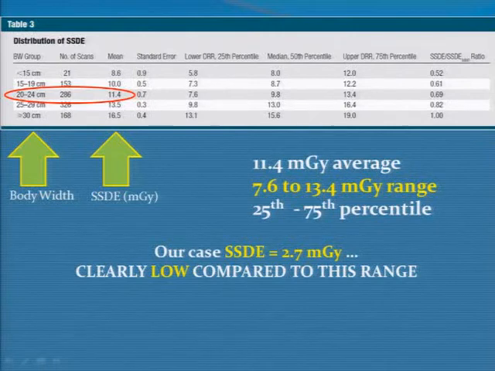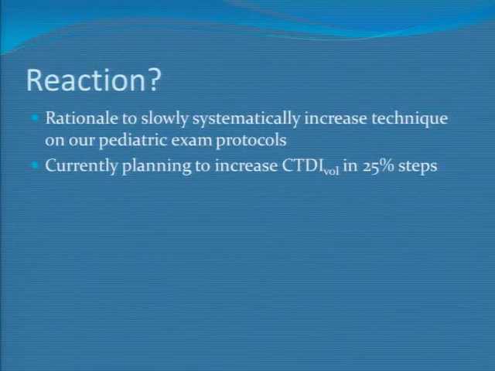It also reflects the comfort level of a previous pediatric radiologist who was very comfortable reading through noise. Our newer, younger radiologists are not that comfortable with this amount of noise, and so we're using this published data to start moving up in the dose ranges for our particular cases.